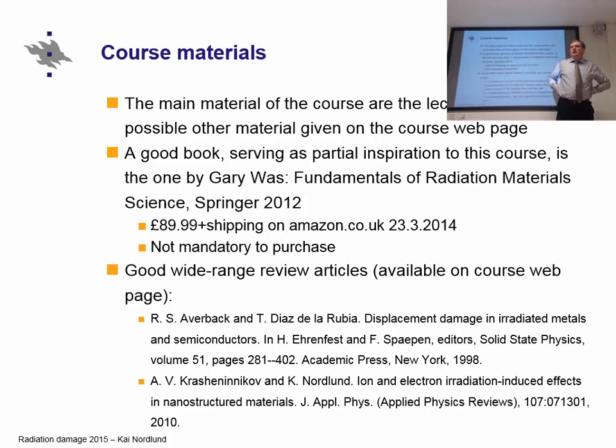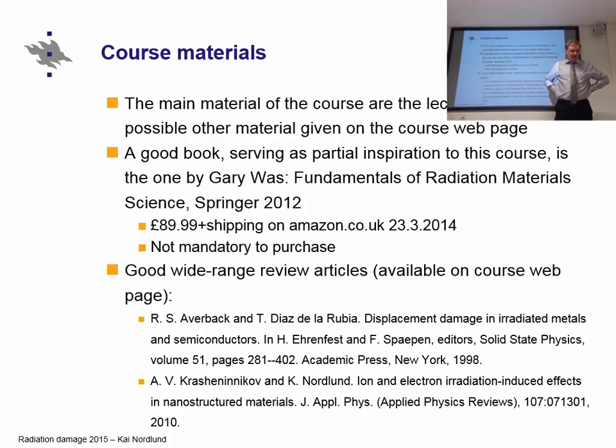And this material consists of the lecture notes, which are already available on the web. They have been for several years, and these videos, and there will be additional material also. Much of the knowledge in this course is my own and that of the other visiting lecturers.